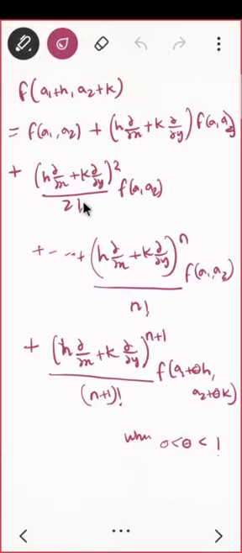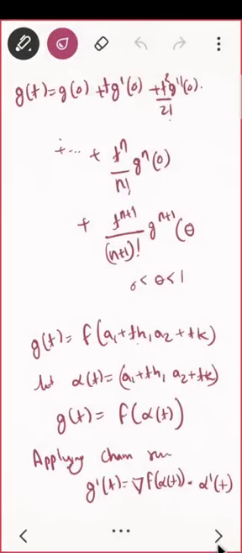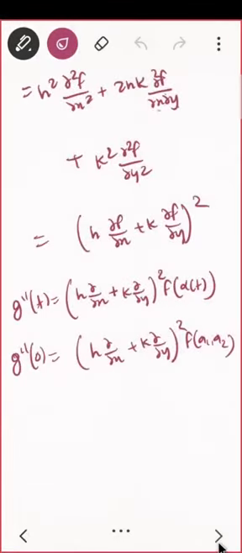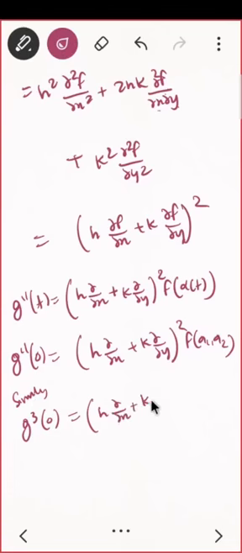Correct? So now you can write similarly, we can get all the terms. That's it. Similarly, g triple dash at 0 will be (h ∂/∂x + k ∂/∂y) whole cube f of (e1, e2).